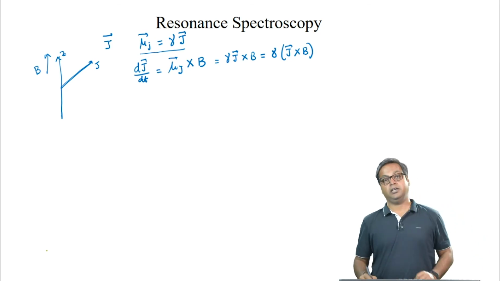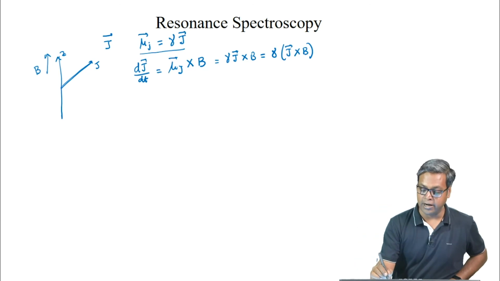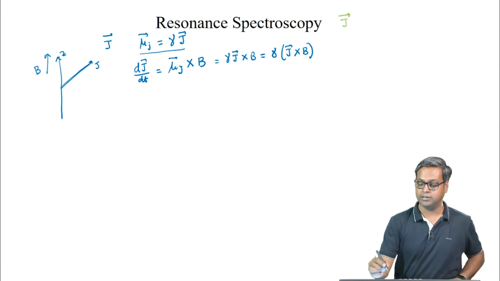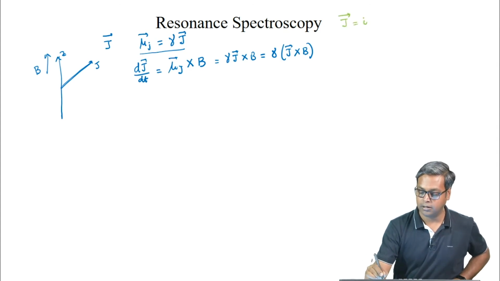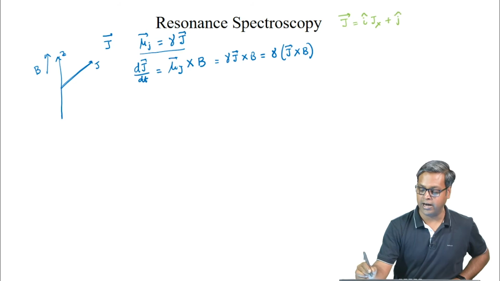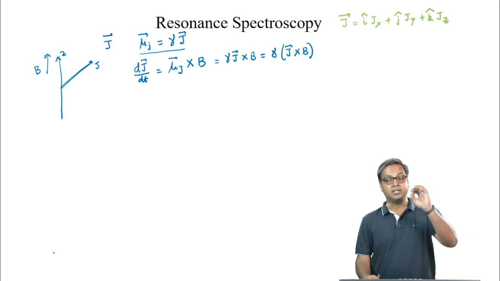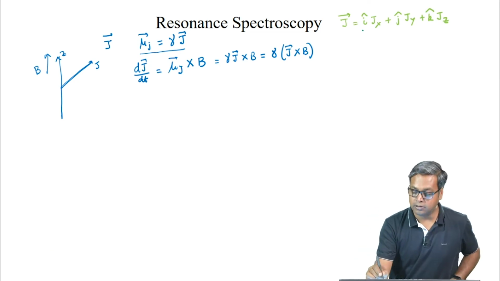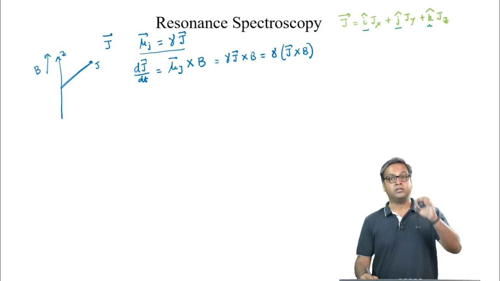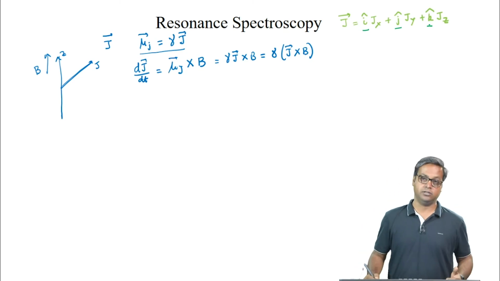The vector J can be written in terms of its Cartesian coordinates. So, we can write the vector J as i J_x plus j J_y plus k J_z, where i, j and k are the three unit vectors along the x, y and z directions.